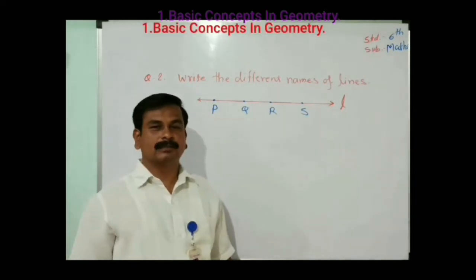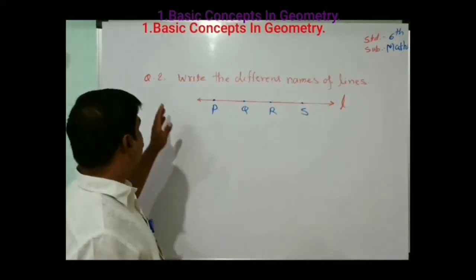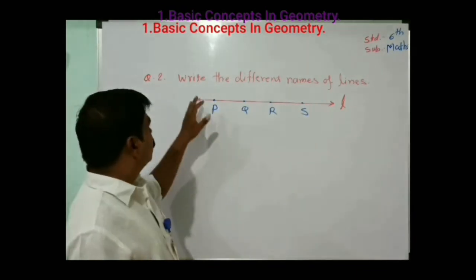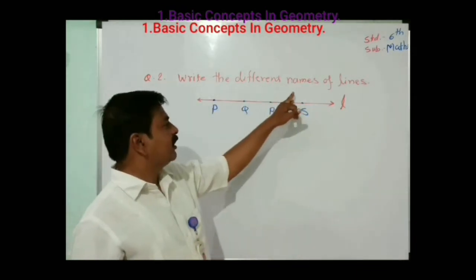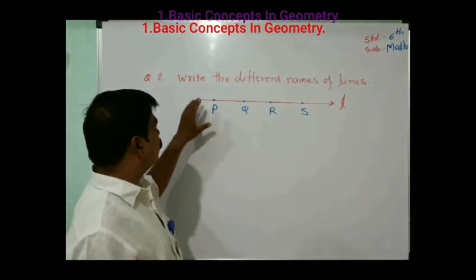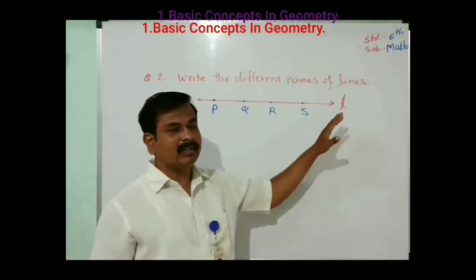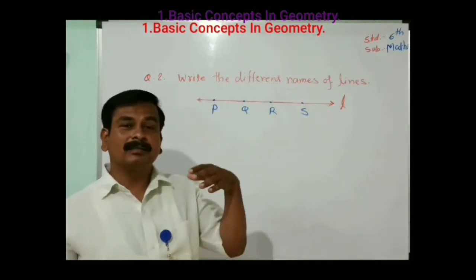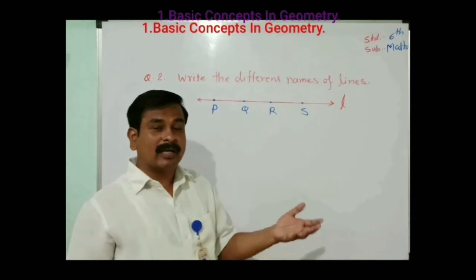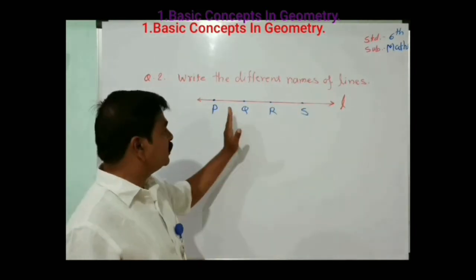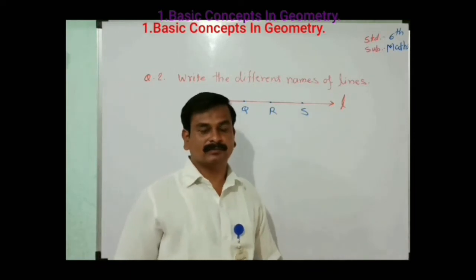My friends, I have taken another question. Write the different names of lines. Now, one line is given here and we have to write the different names of this line by using these different points.